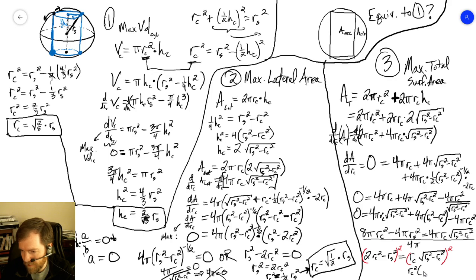So rc squared times rs squared minus rc squared is equal to, this stuff squared is going to be 4 rc to the 4th minus twice 2, so 4, minus 4 rc squared rs squared, okay, plus rs to the 4th.